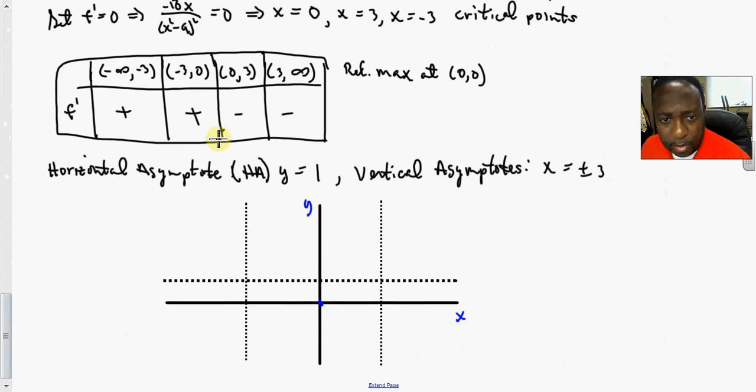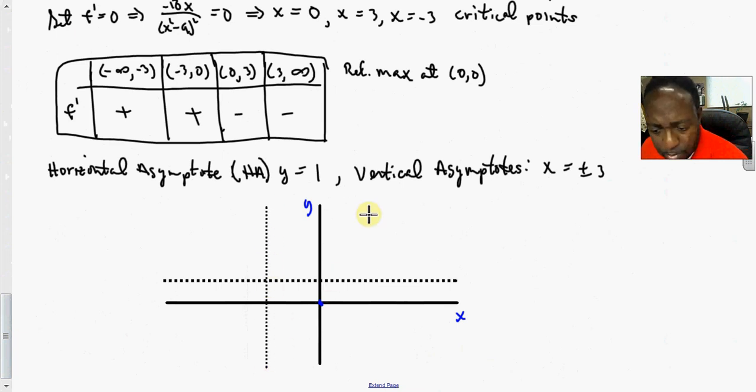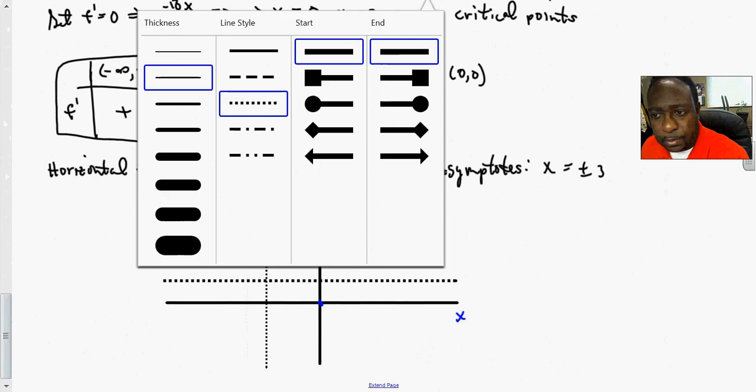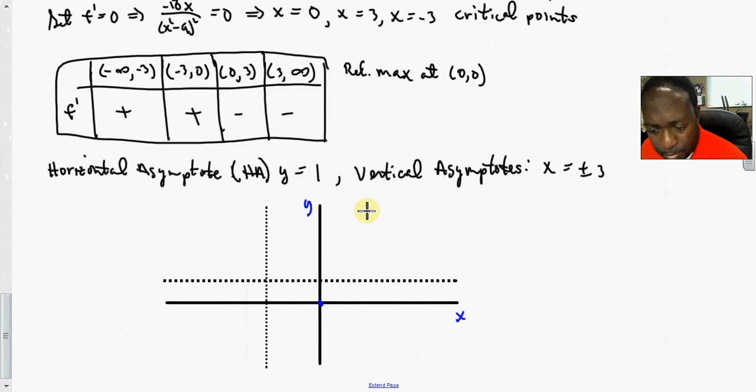It should be about the same. Okay, well, not the same distance, but it's supposed to be.